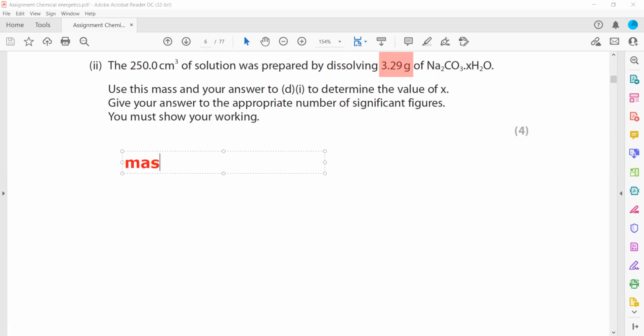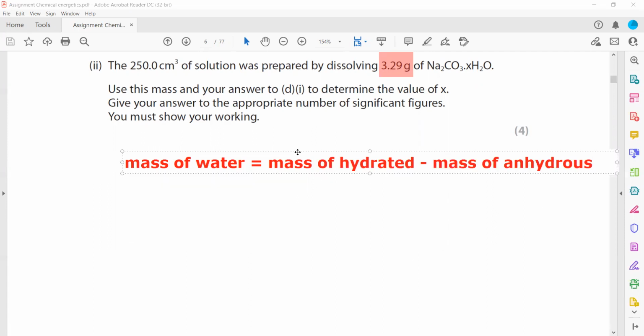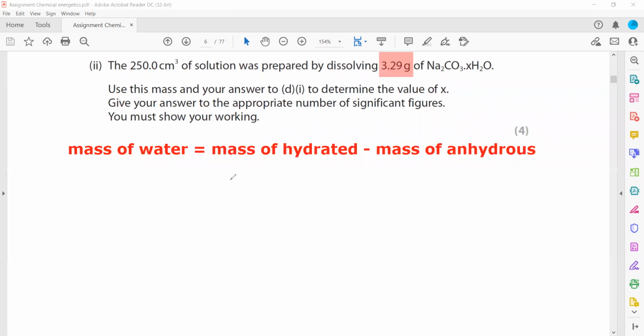The mass of water will be the mass of hydrated minus the mass of anhydrous. After getting the mass of water, we divide it by molar mass to get the moles of water.